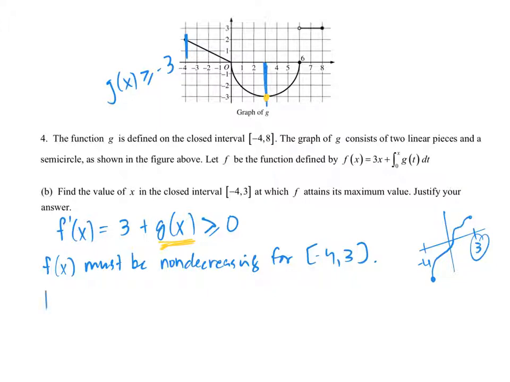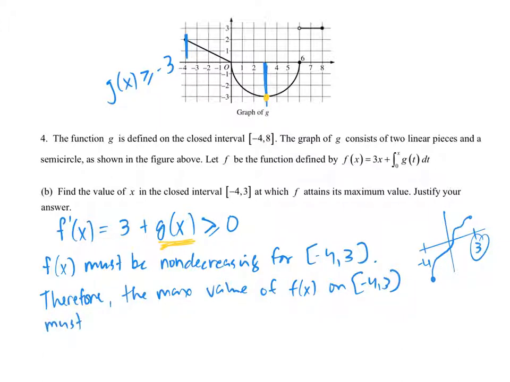And so I'm just going to finish off my little statement here and say that therefore the max value of f of x on that closed interval from -4 to 3 must occur at x equals 3.